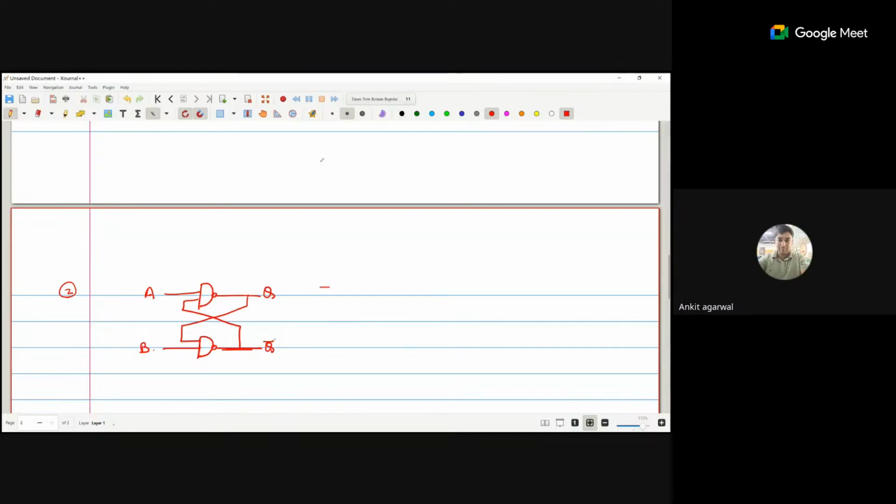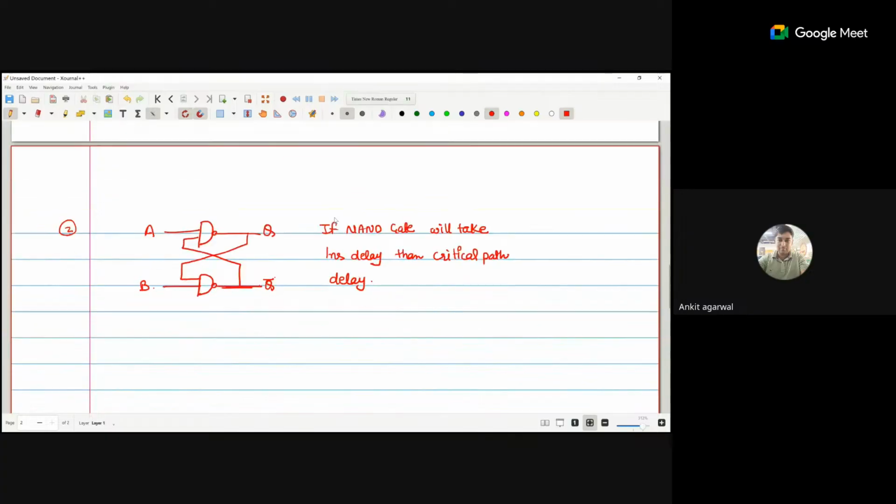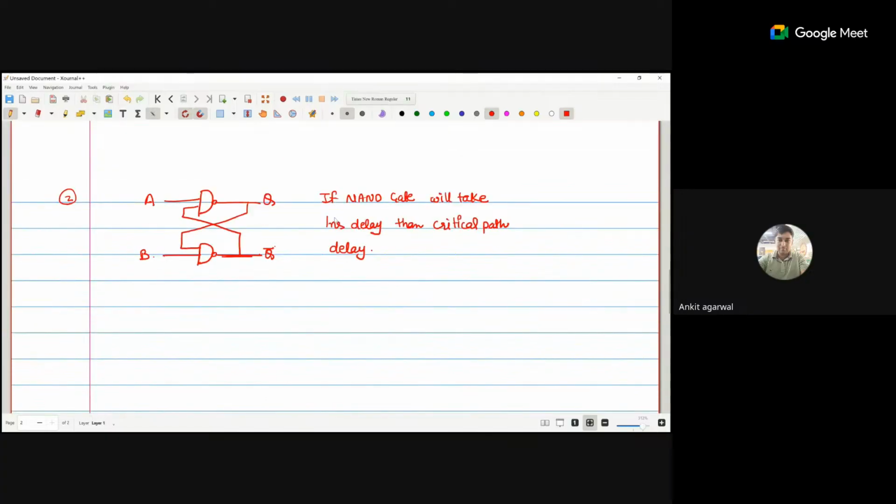If each NAND gate takes 1 nanosecond delay, then what is the critical path delay?